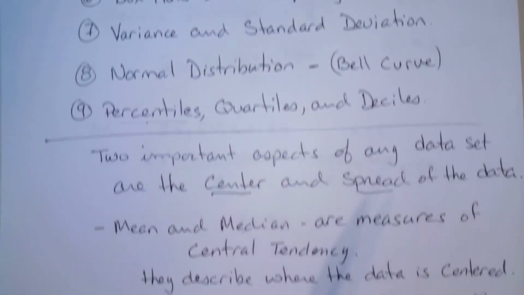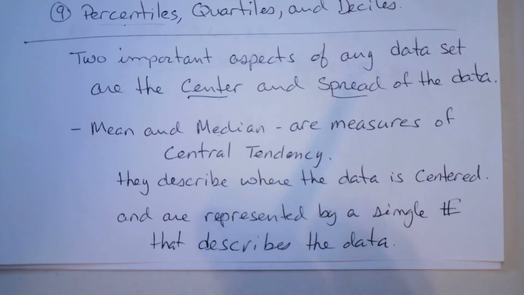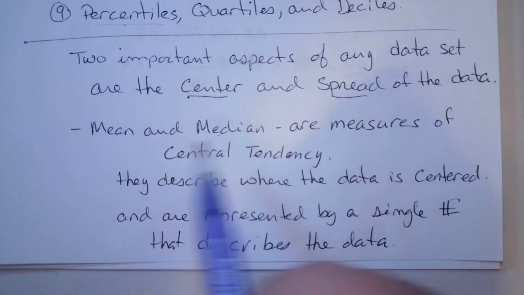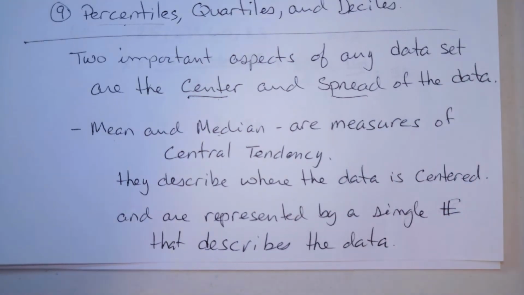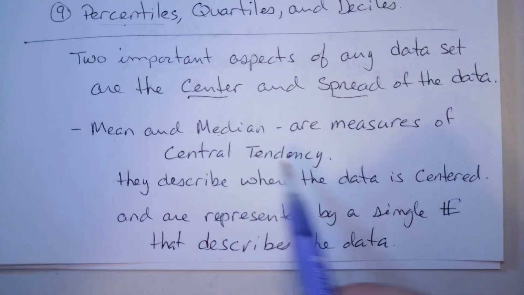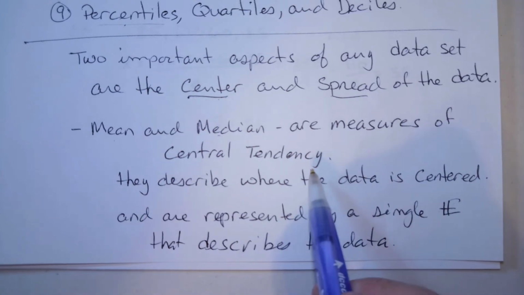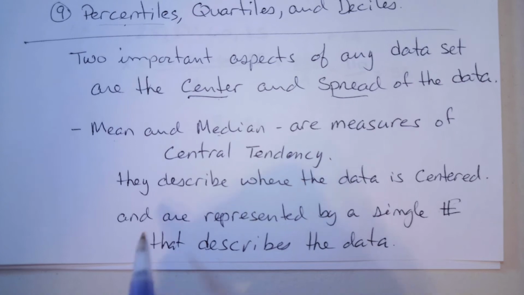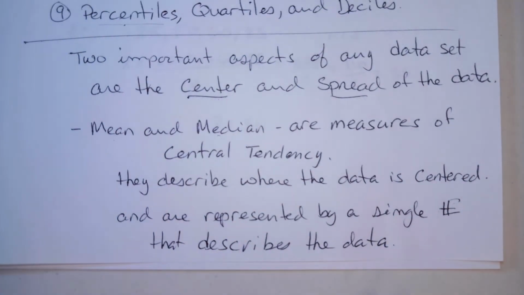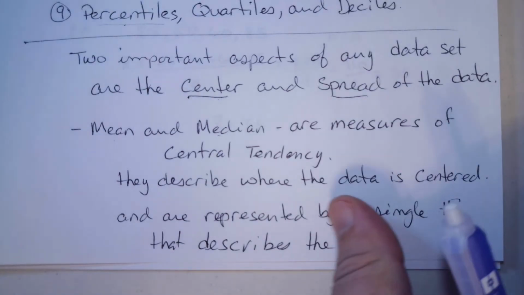So, two important aspects of any data set are the center and spread of the data, where it's concentrated and how far it ranges. The mean and median are the measures of central tendencies. They describe where the data is centered. They're represented by a single number, and that number describes some part of the data set itself.